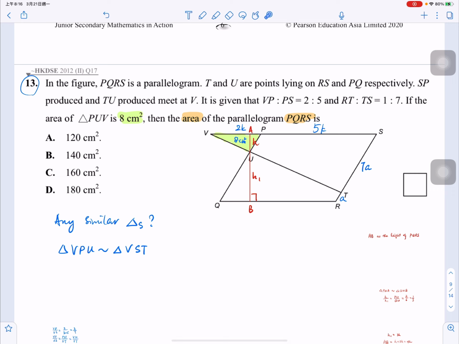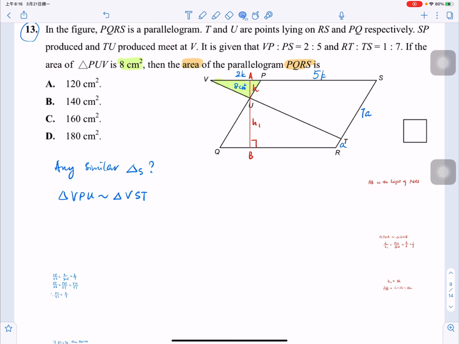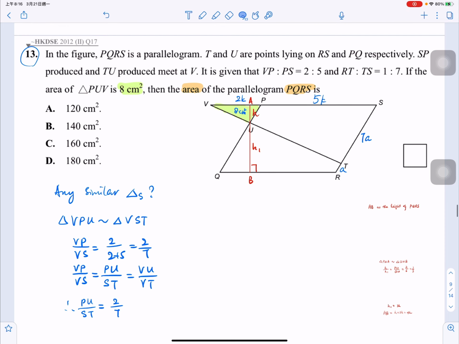If we want to find the area, don't choose 2 to 5 and then think of it as 8, because then this part of the area is wrong. So 2K, 7K. You need to think like this. So finally, VP over VS equals 2 over 2 plus 5. Actually 2K over 2K plus 5K, so there is 2 to 7.